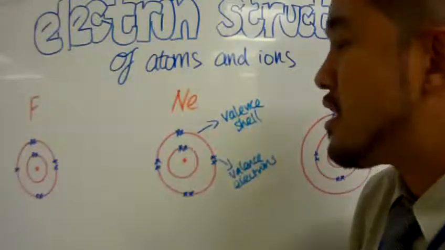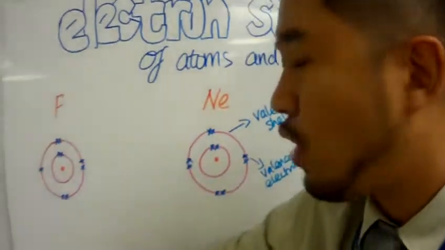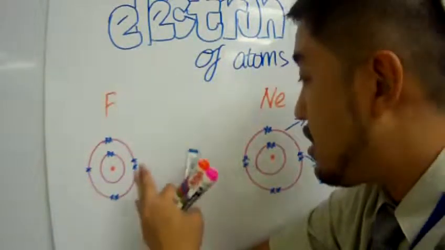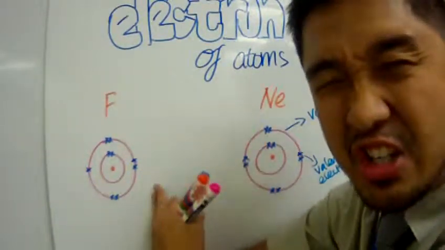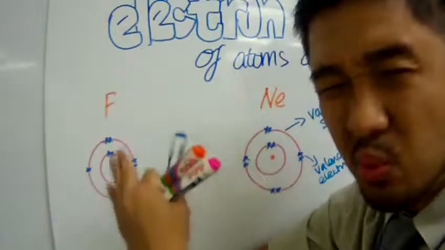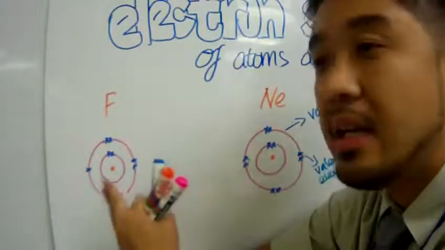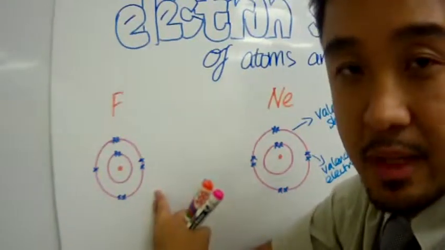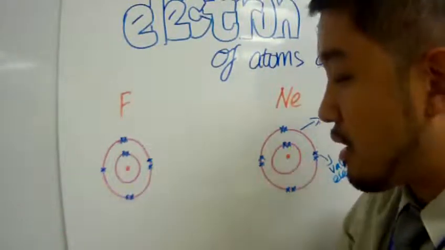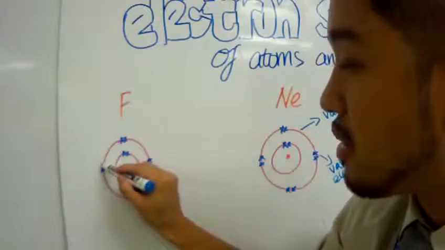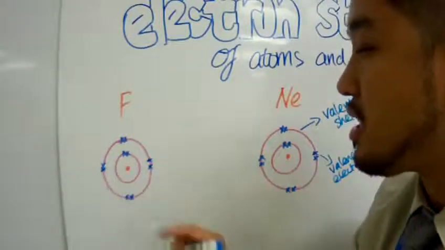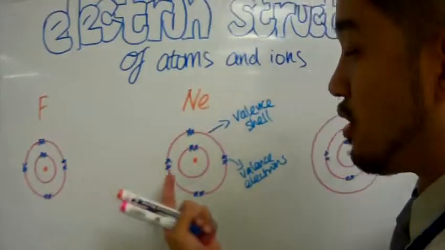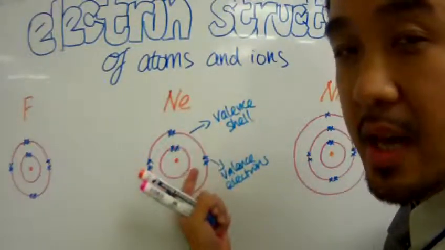Now, it so happens that fluorine isn't going to be happy being like this, it wants to achieve a noble gas configuration. And in order to do that, it should accept an electron from somewhere else, or share the electron from somewhere else. All right? And when it gets the electron from somewhere else, you would see that its electron structure will now look exactly the same as neon.